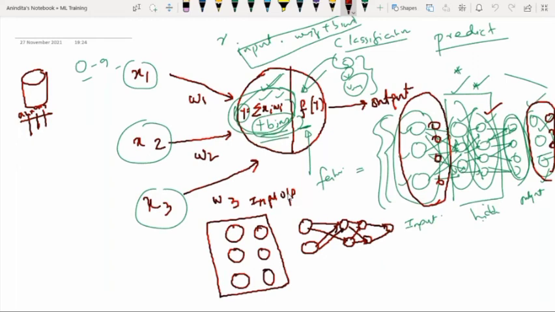Is it possible? No, I think the input will be only one layer. The number of nodes is determined by the features. But it is not possible to have more than one layer in the input section, right?